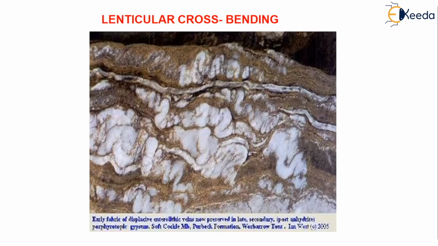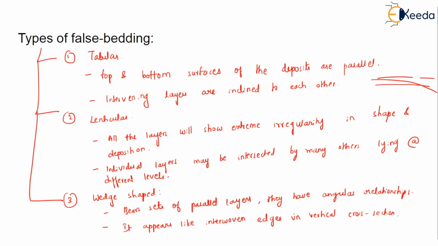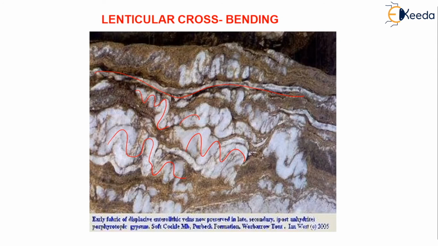So this is how the lenticular cross bedding looks like. See how it looks. The deposits are irregular in shape, and they are intersected by different other layers which are not at the same height or position.